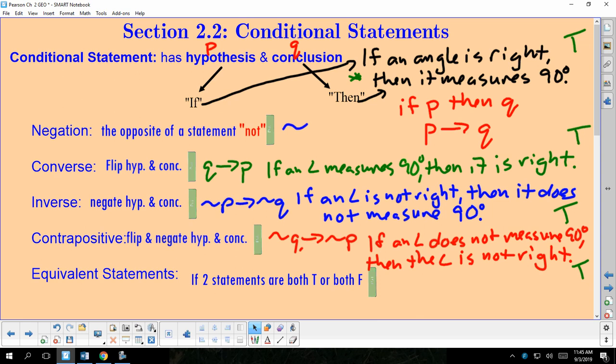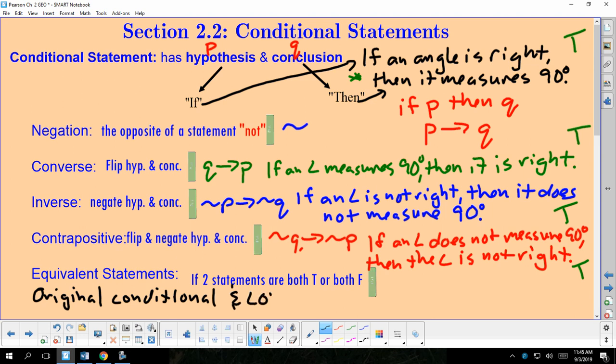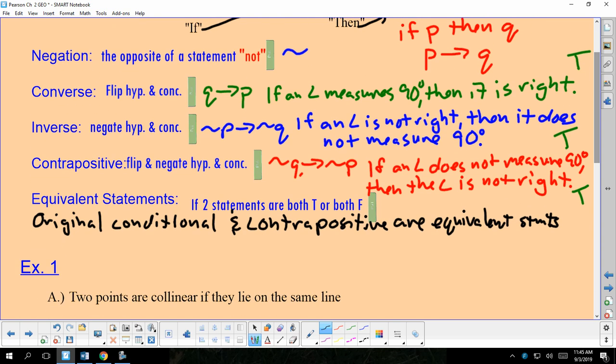So it turns out that the original conditional and contrapositive are equivalent statements, and the inverse and converse are equivalent statements.